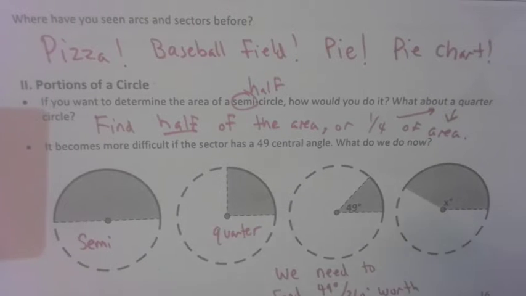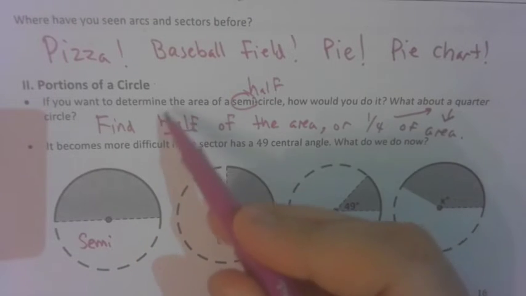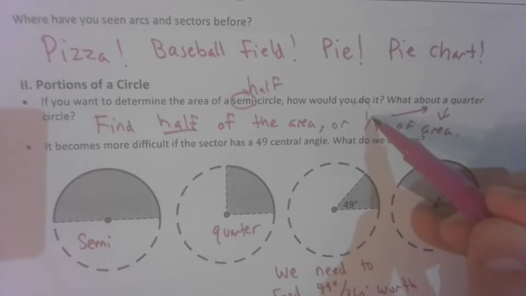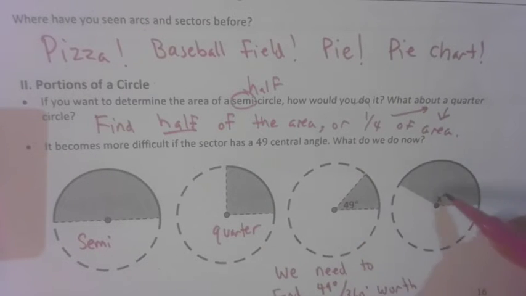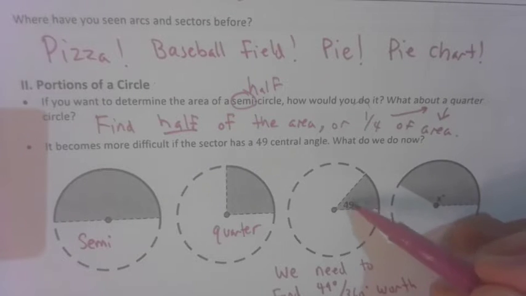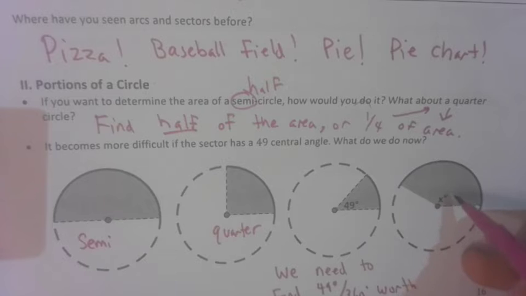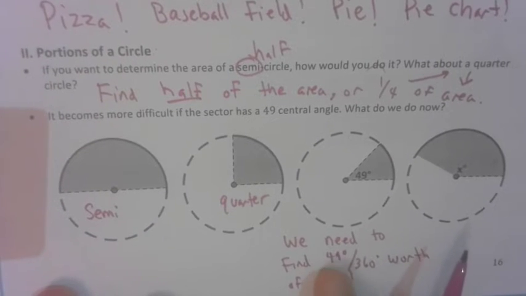So we might have to find a semicircle area, which is half of the area of a circle, a quarter circle, which is 1/4. But then we're going to deal with situations of 49 degrees or different degrees that are not these whole numbers, or they might not even tell us the actual degree. So we're going to have to use proportions to figure this out. We're going to see on the next page.